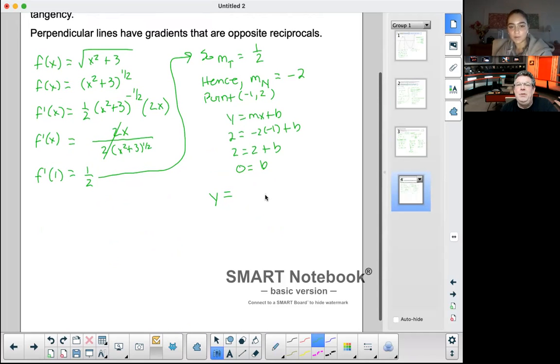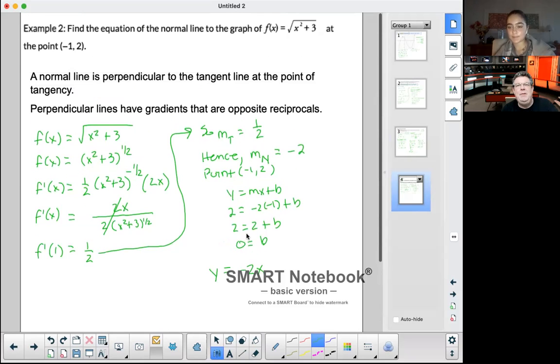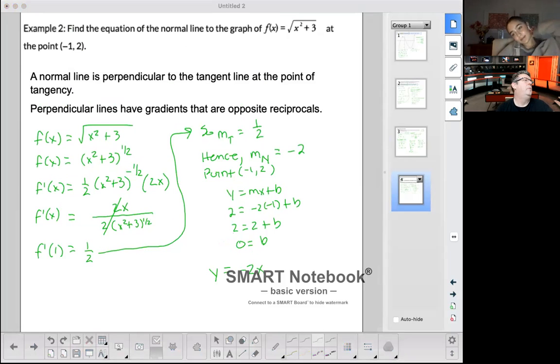So then y equals what? Negative 2x plus nothing. Good. There you go. Perfect. I'd like to show you what that looks like on a graph. Can you picture it, do you think? I think I can, yeah. It's like a right angle with the tangent, right? Yep.